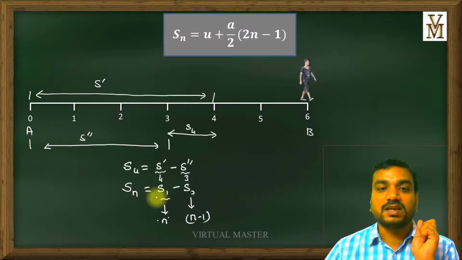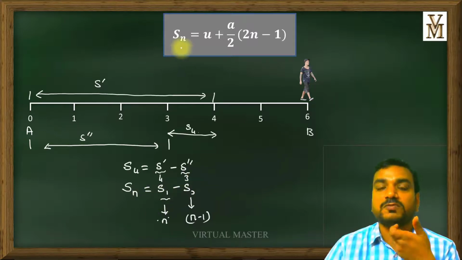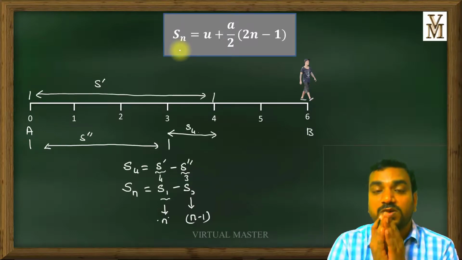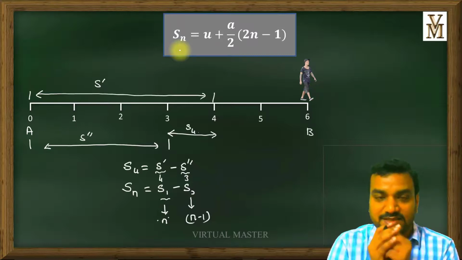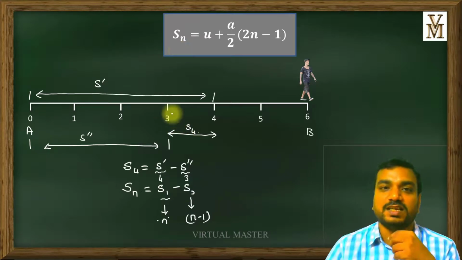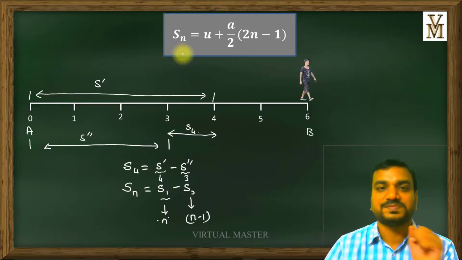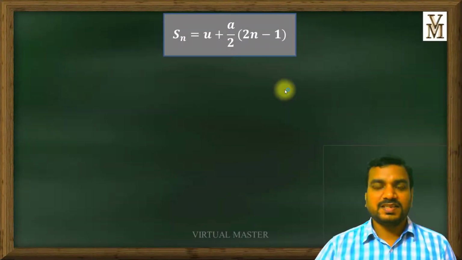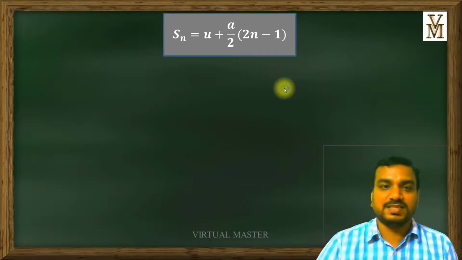Okay, this is the general formula that we have to use to derive the equation for Sn. I hope everyone has understood what we mean by the distance covered by the object during the nth second.